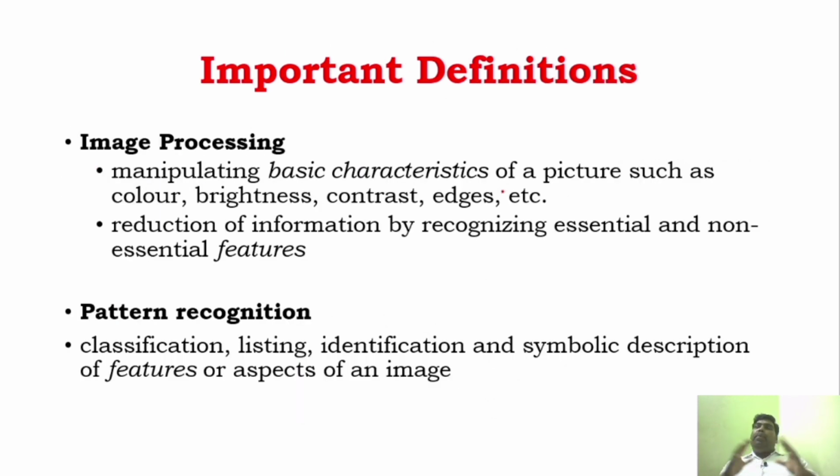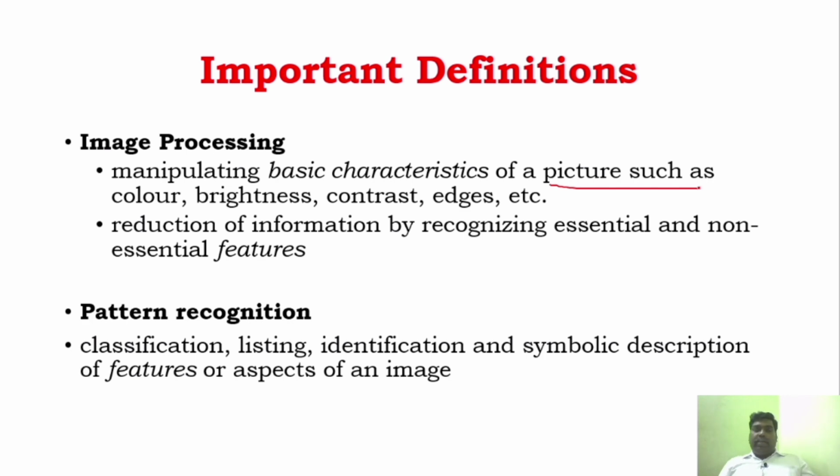These are other important definitions where you have to understand the difference between image processing and pattern recognition. Image processing, as I said, is enhancing an image, manipulating the basic characteristics of the image, such as color, brightness, contrast, edges.